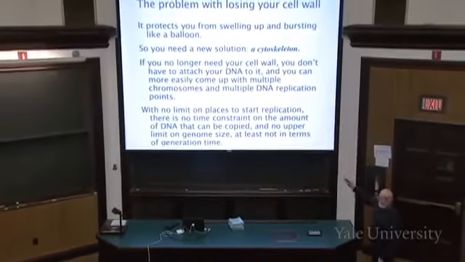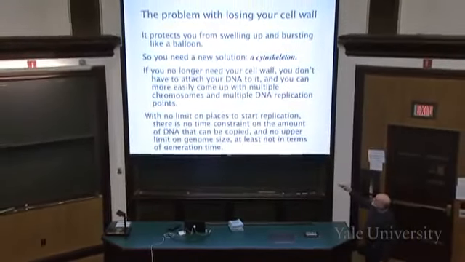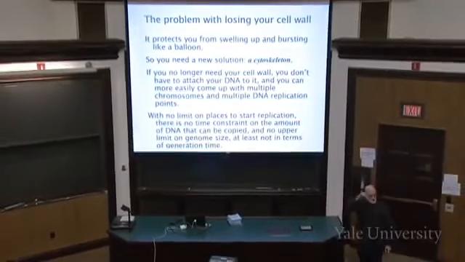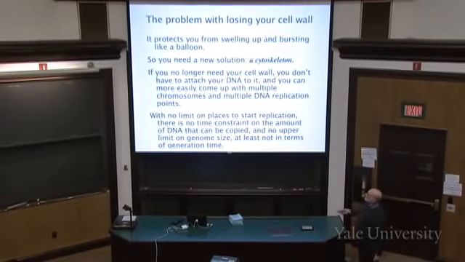Now, if you put your DNA into a nucleus and you no longer have it as a single circular chromosome, then it is possible that, without having to attach it to a cell wall, it might make it easier to make multiple chromosomes.